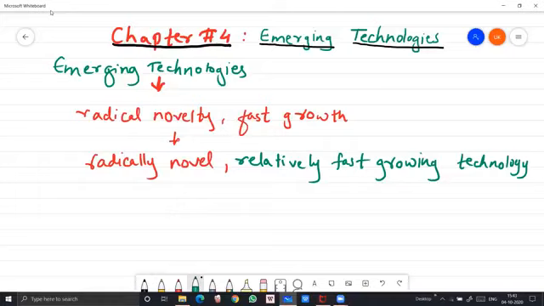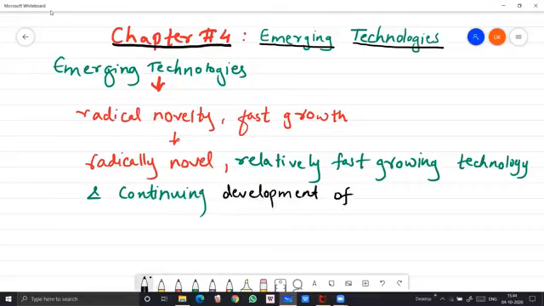It can also be a technology that has already been developed, with continual growth in it. So it can be described as the continuing development of an existing technology.